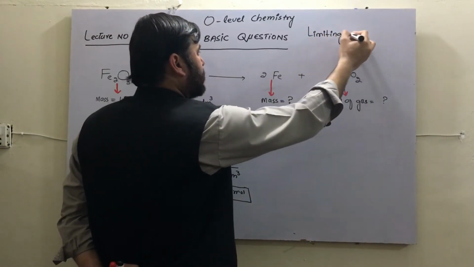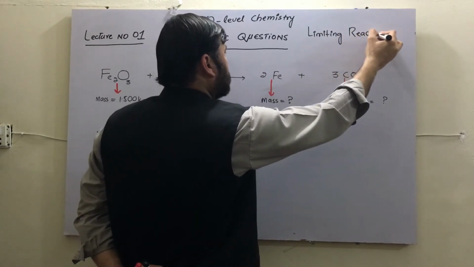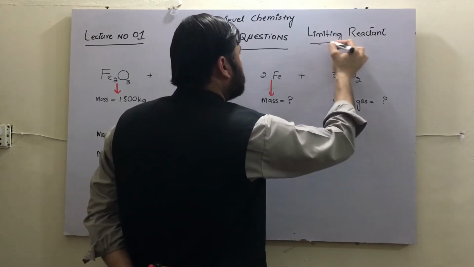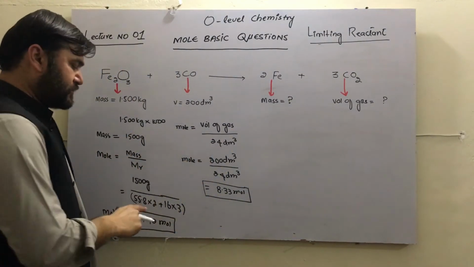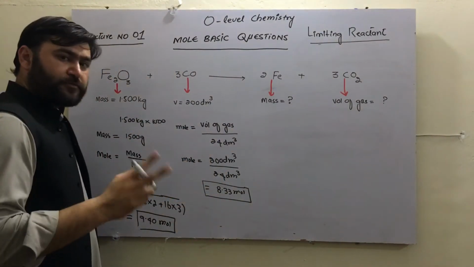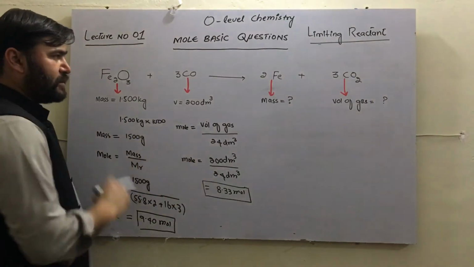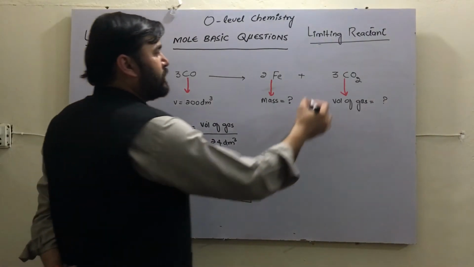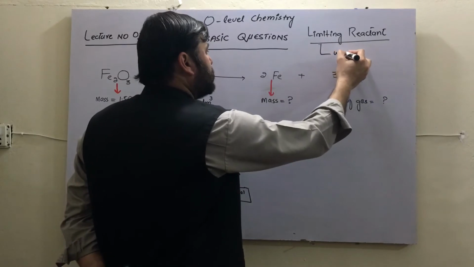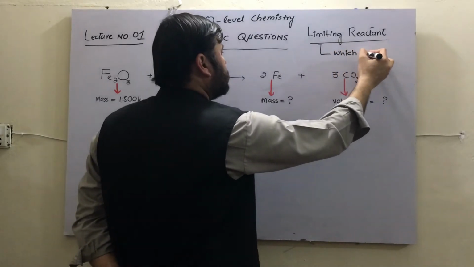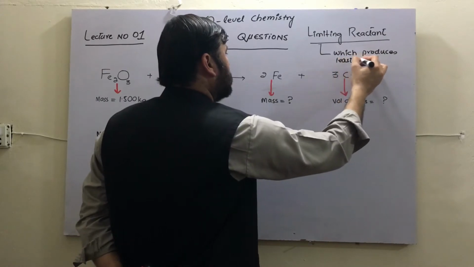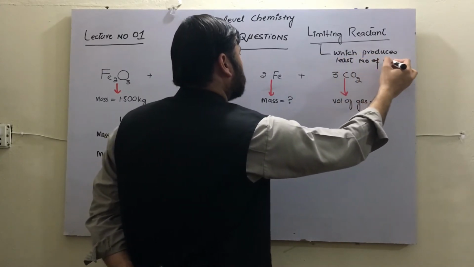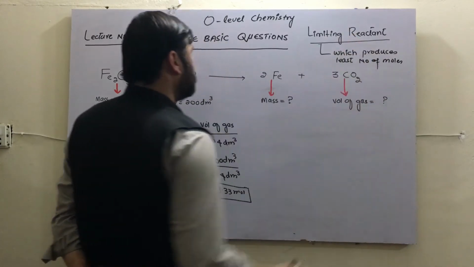It has two definitions: the substance which produces the least number of moles, and the substance which is consumed earlier in a chemical reaction. Of course, we take the first definition: the substance which produces the least number of moles will be the limiting reactant.